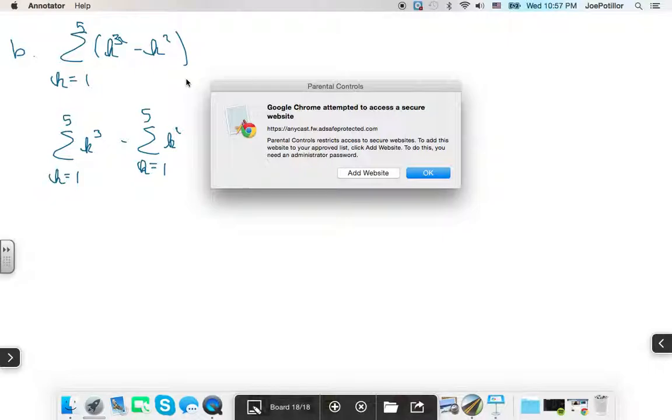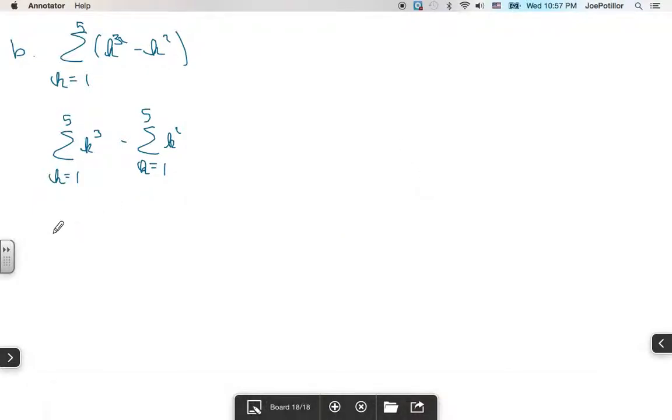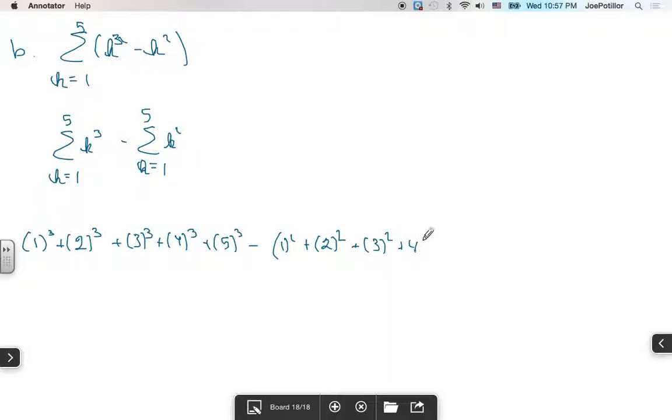And so it's 170 to do that. But if you don't believe me, that becomes 1 cubed plus 2 cubed plus 3 cubed plus 4 cubed plus 5 cubed minus 1 squared plus 2 squared plus 3 squared plus 4 squared plus 5 squared.